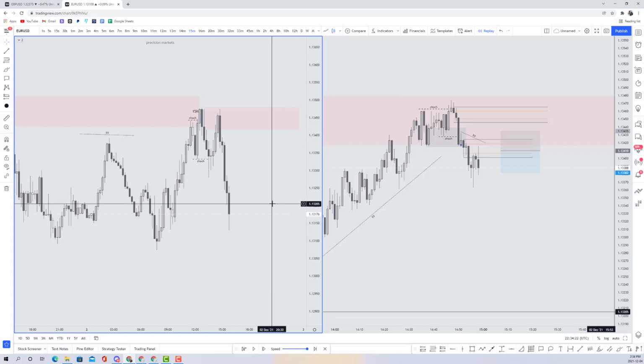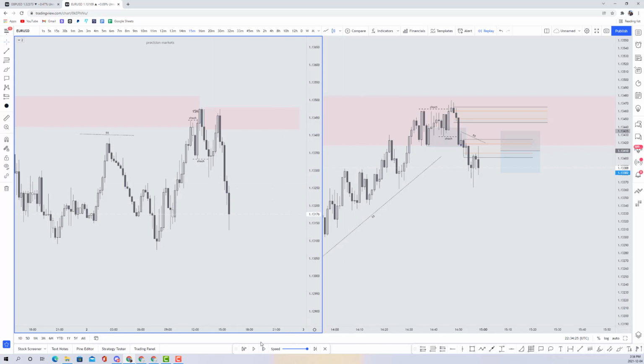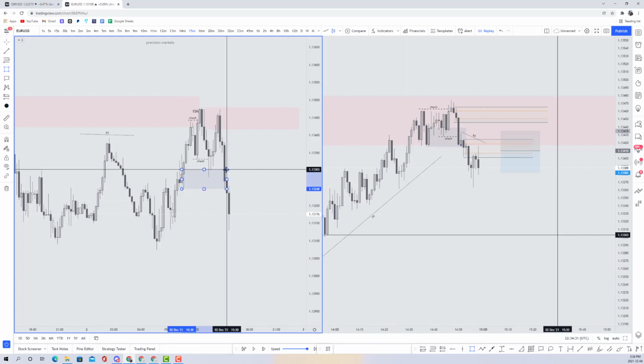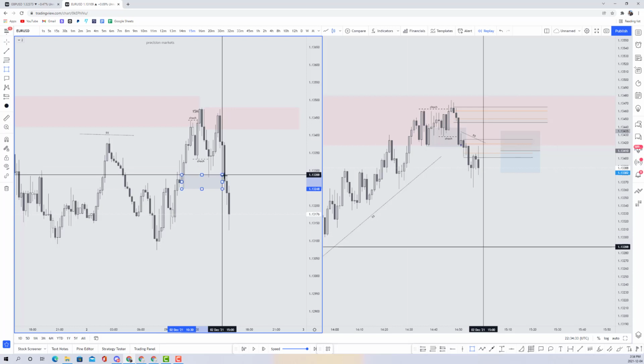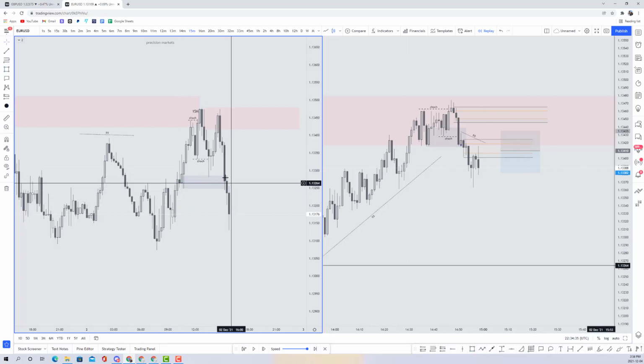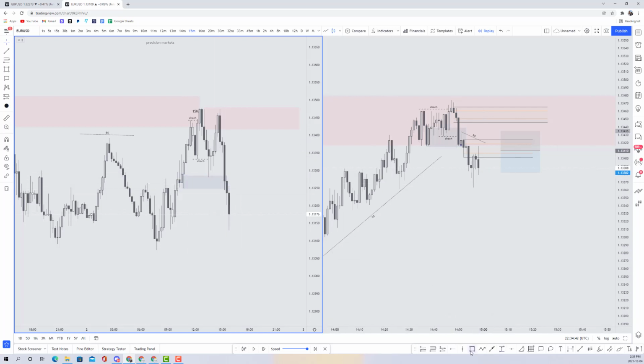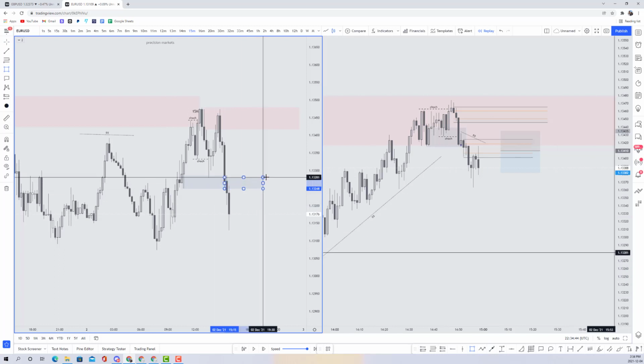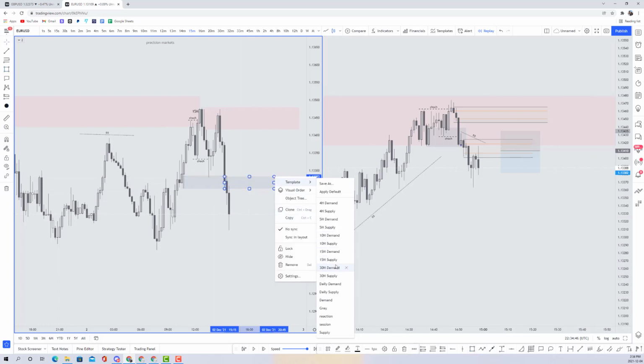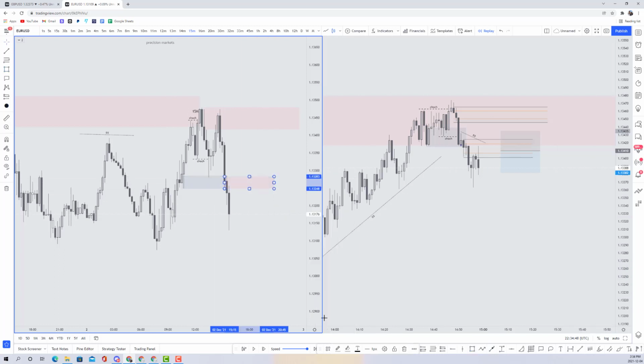Something I want to make note of is the flip zones on the 15. So you have a wick here, and then you have sort of an area up here and up here. All these wicks stand out to me. All these little wicks are a smaller time frame supply zone.